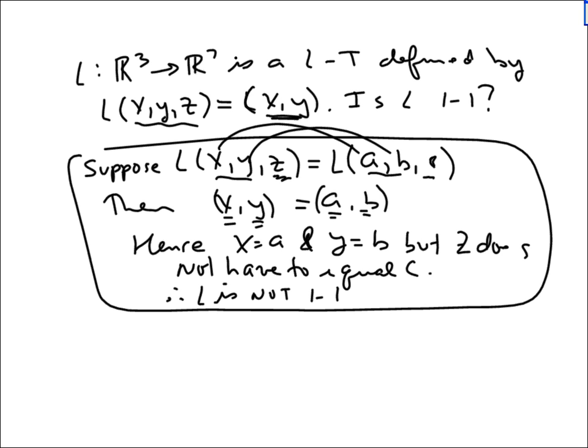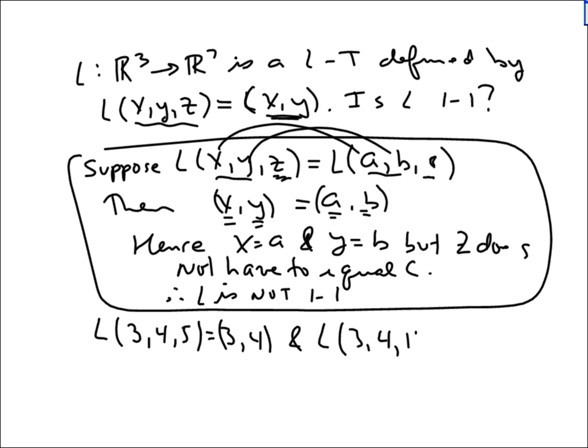Okay. Now what you can do is say L of (3, 4, 5) is equal to (3, 4), and L of (3, 4, pi) is equal to (3, 4). That is, L of this and L of that are equal to one another.